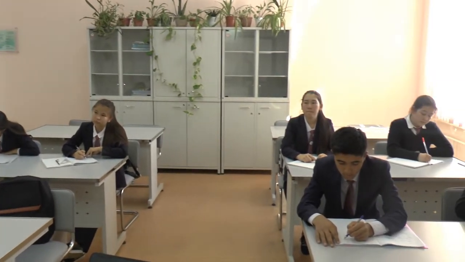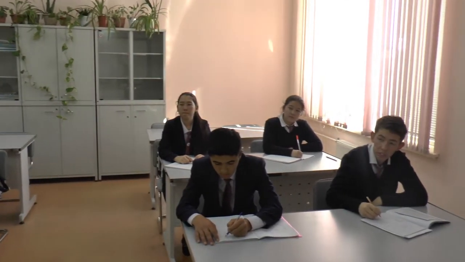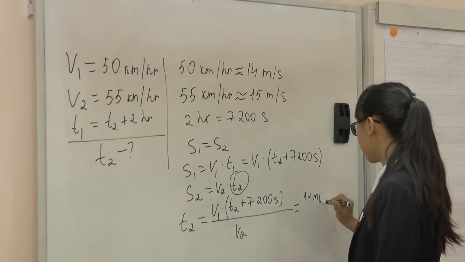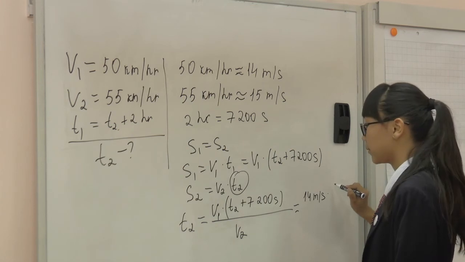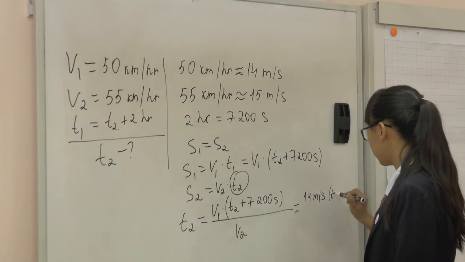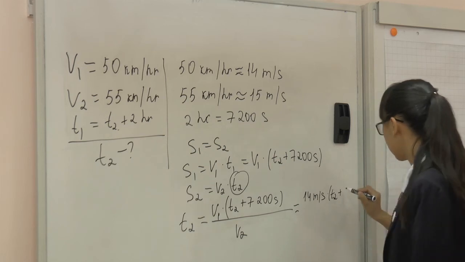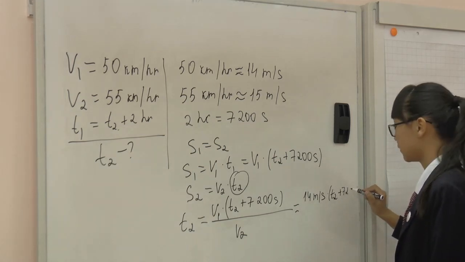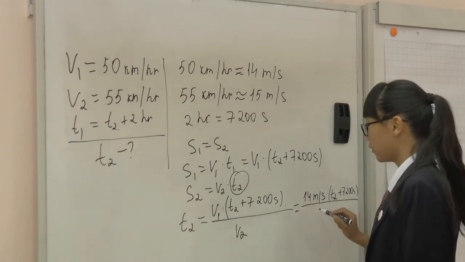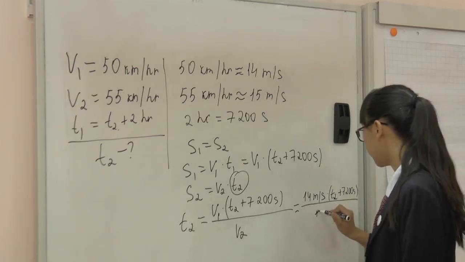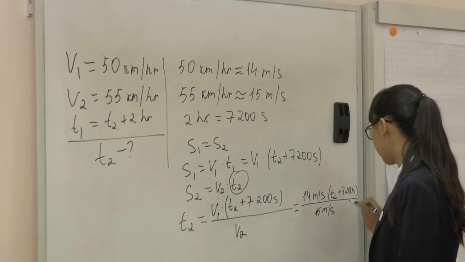Then V1 equals 14 meters per second multiplying T2 plus 7,200 seconds, over 15 meters per second.